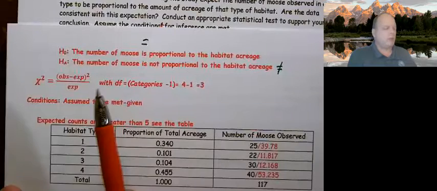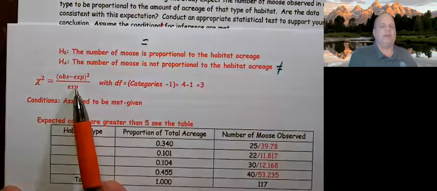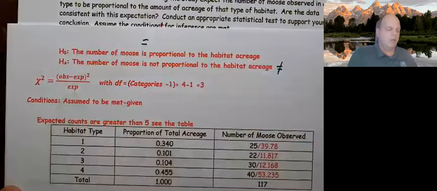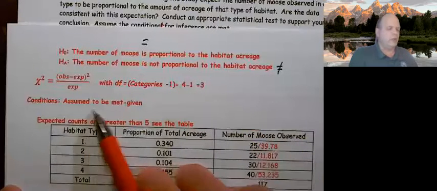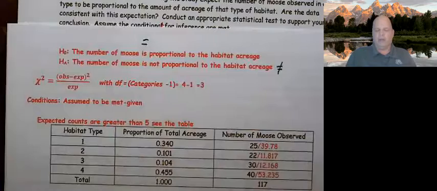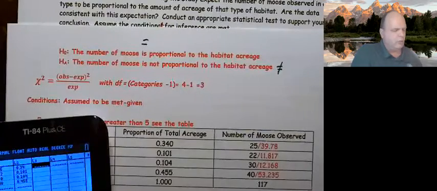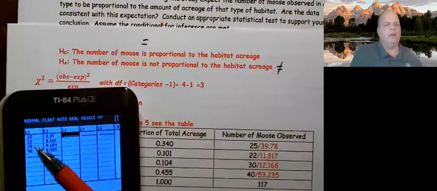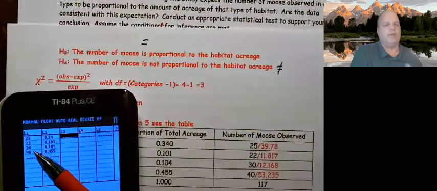So, formula: observed minus expected, degrees of freedom. Well, we have 1, 2, 3, 4, so 4 minus 1 is 3. Conditions are assumed to be met, and that was a given. If I go to stat edit, I've entered my observed into L1: 25, 22, 30, and 40.